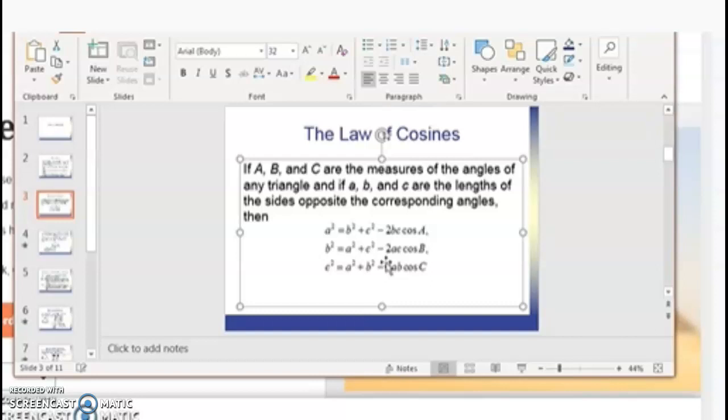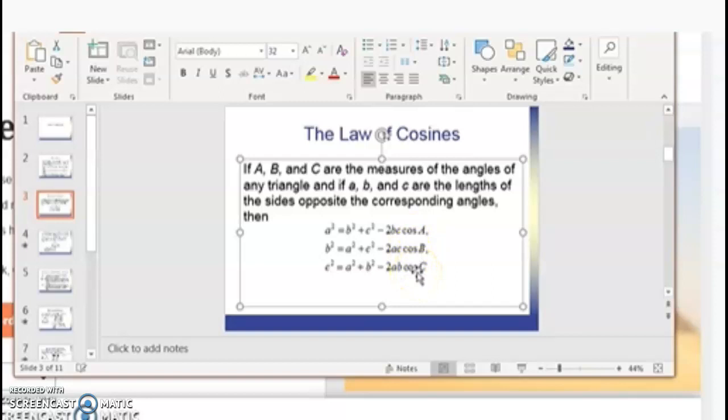Notice that the law of cosine formula is given set equal to each side of the triangle. So the law of cosines can be used to find the lengths of sides of a triangle. However, the law of cosines also contains the angles, or precisely the cosine of the angles.